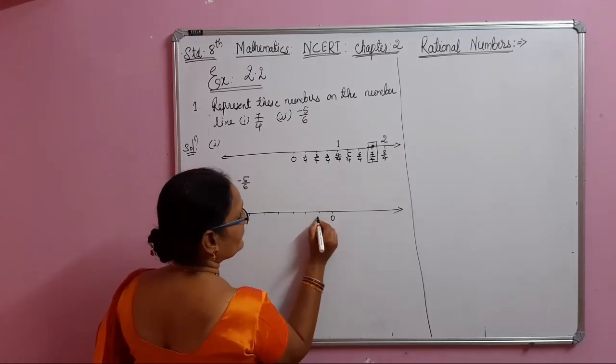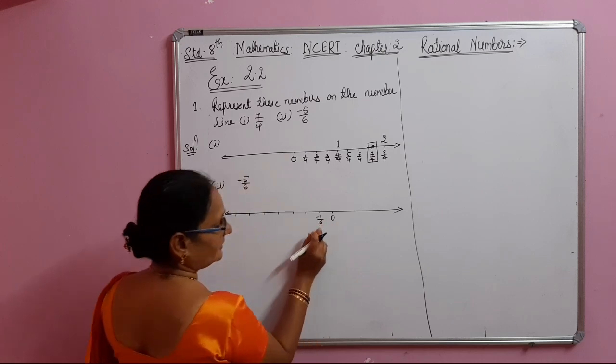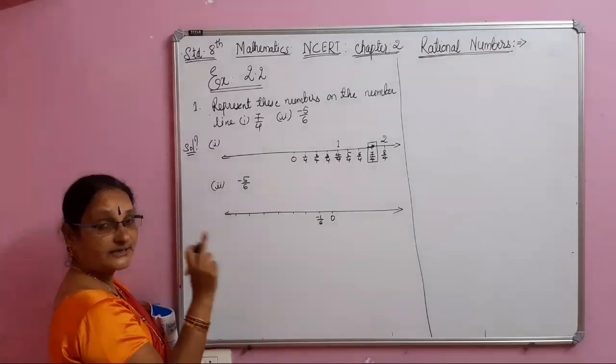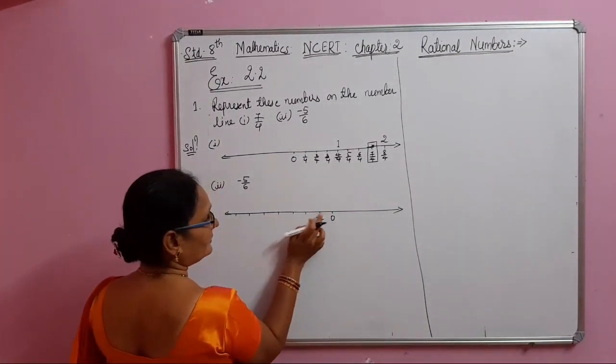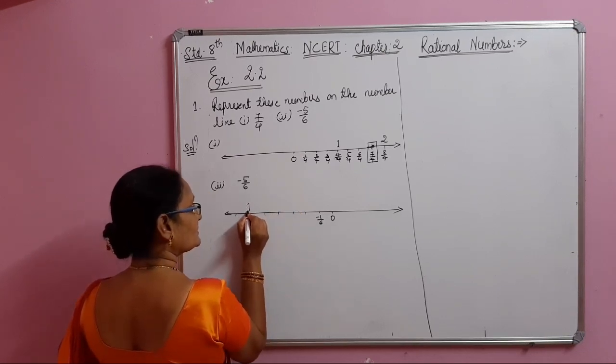Now left side means minus 1 by 6. Why 1 by 6? These are all 6 equal parts in 1 unit. So minus 1 by 6. 1, 2, 3, 4, 5, 6. Here it is 1 unit.